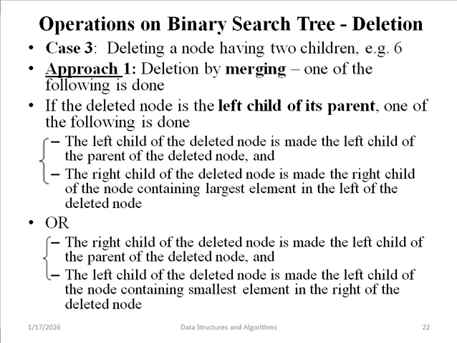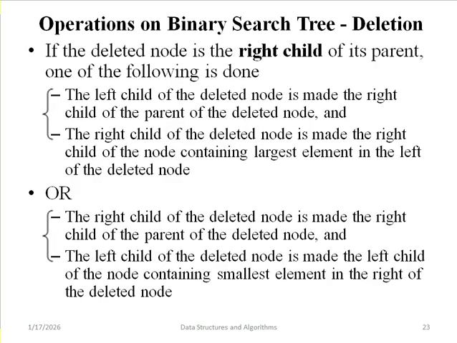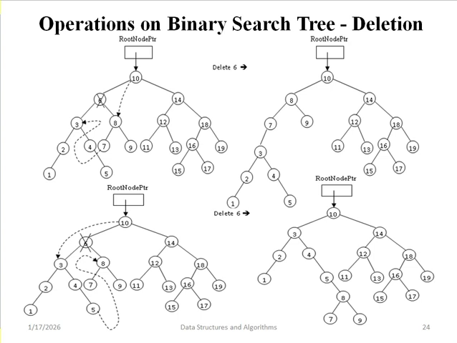Deleting a node having two children, how can we remove it? Those are the conditions that we can consider, but here let's visualize the removal of a node having two children. Let's say 6.